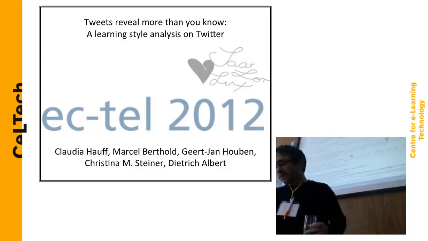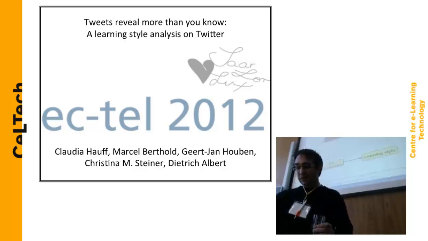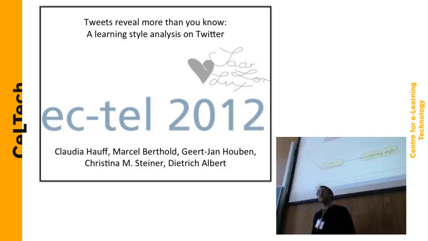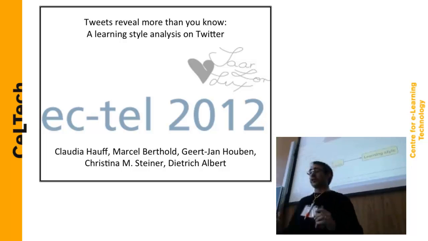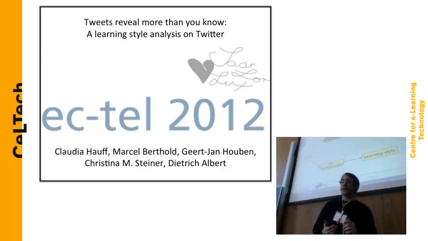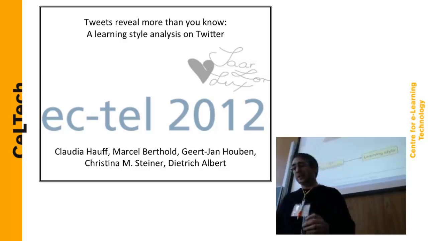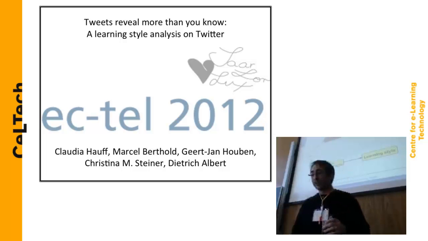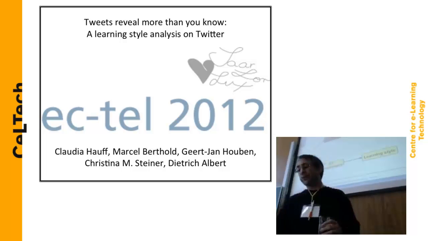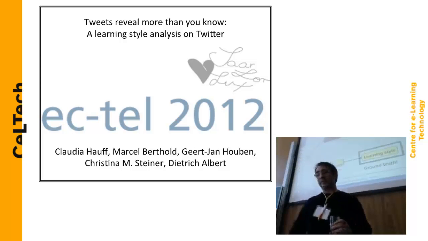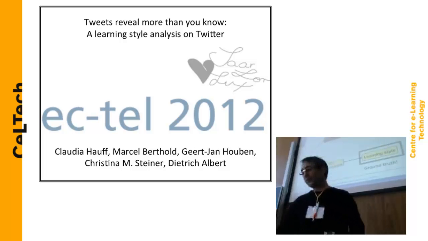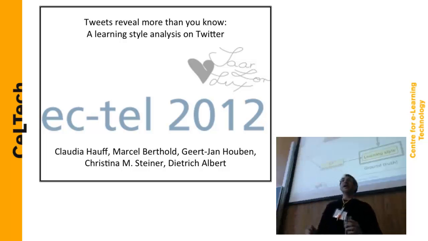Okay? So the paper is about taking a user, looking at their Twitter stream and generating a Twitter profile, and then giving that same user a Felder-Solomon test and getting some examples of their learning style. Take a classification from the Twitter profile, take the ground truth from the learning style, and compare.